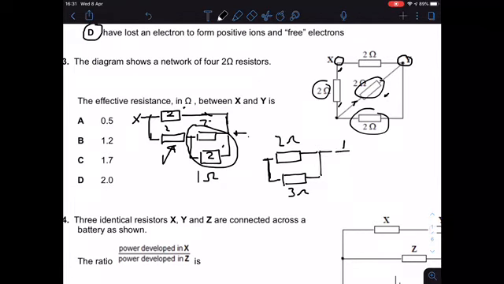So remember, it's 1 over Rp is equal to 1 over 2 plus 1 over 3. Lowest common denominator is sixths, so we've got 3/6 plus 2/6, which of course is 5/6.